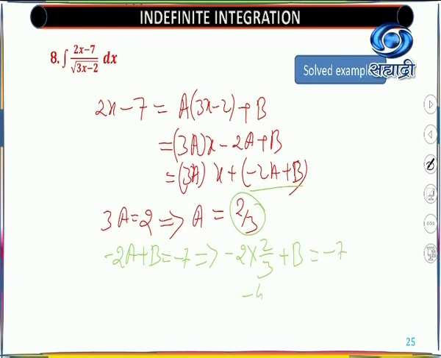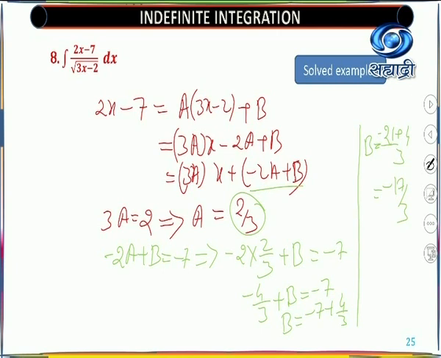So you will get minus 4 upon 3 plus b equal to minus 7, and b equal to minus 7 plus 4 upon 3. Now if you take the LCM, your LCM is 3. So you will get minus 21 plus 4, which is equal to minus 17 upon 3. So now you got the values.